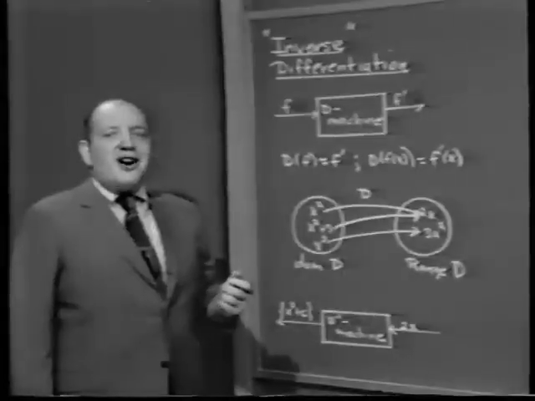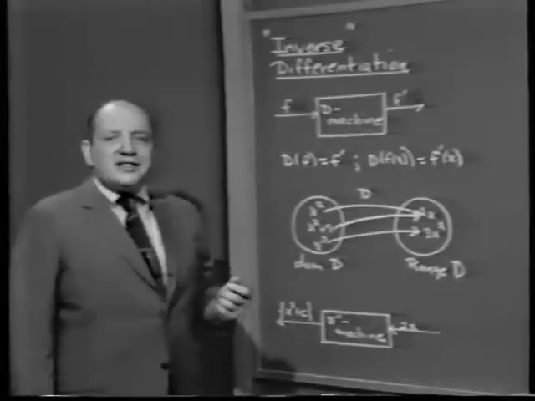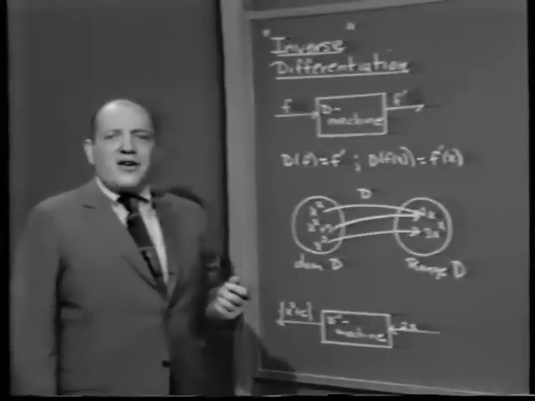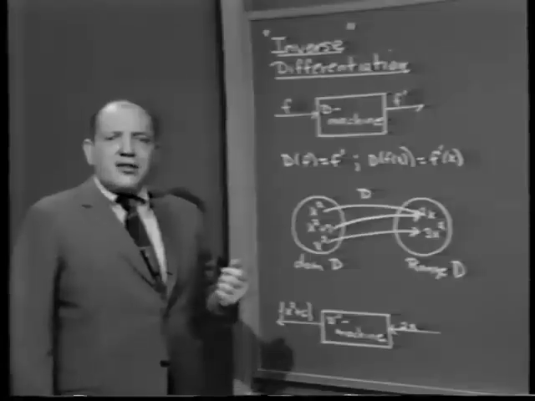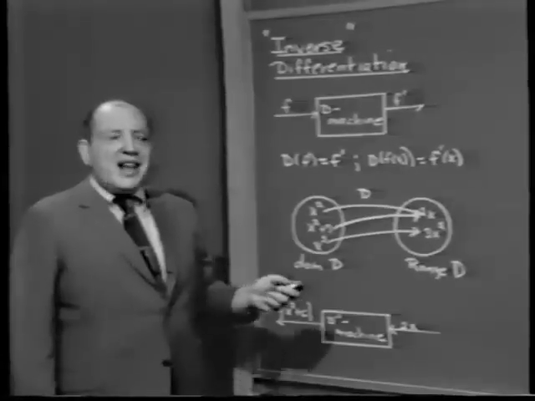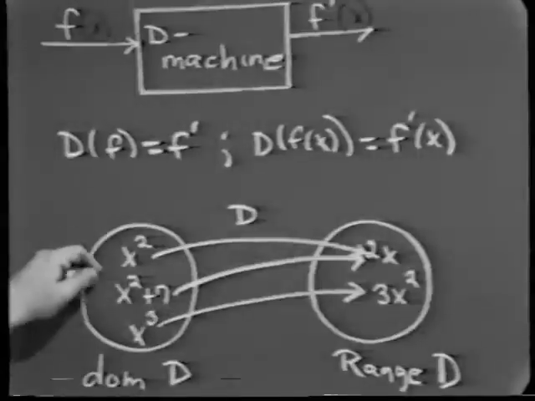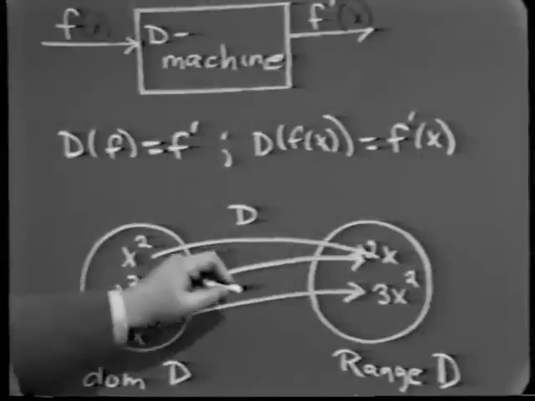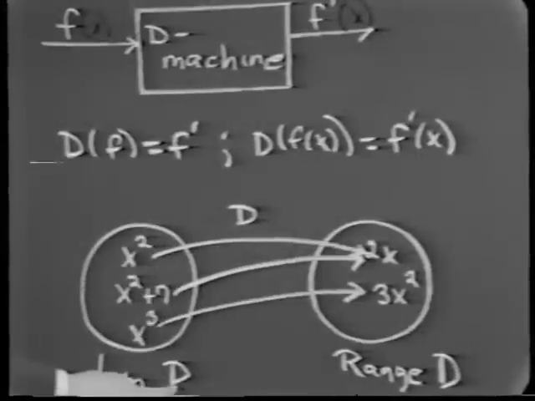Now, you may recall also that long before we started dealing with functions of real variables, we discussed functions in general in terms of circle diagrams and the like. In this respect, notice that we can think of our D machine as operating on a particular domain, the domain being what?